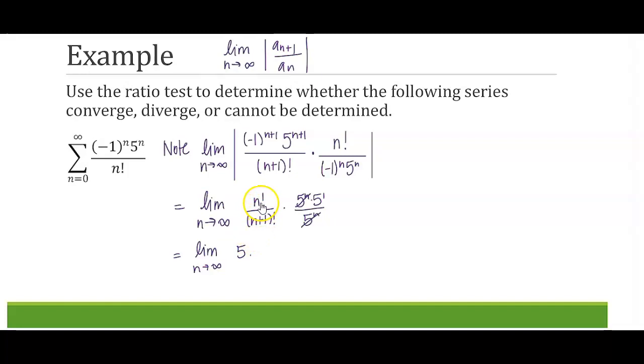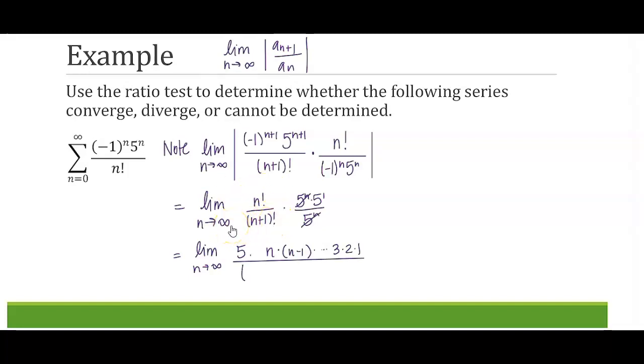And so if I think about what n factorial represents, n factorial is n times n minus 1 times all the way down to 3 times 2 times 1. And then this is all over n plus 1 factorial.